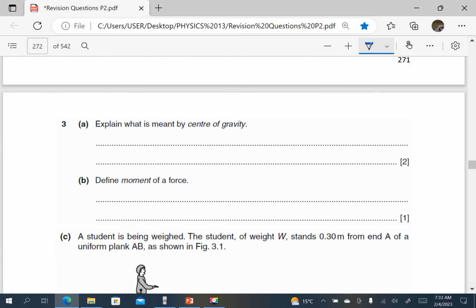Explain what is meant by center of gravity. So we are now used to this. This is a point where all the weight of an object may be considered to act.